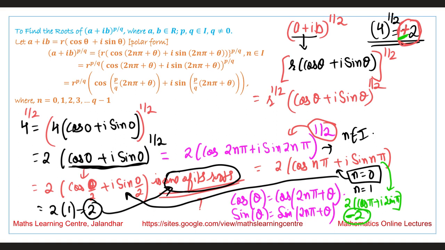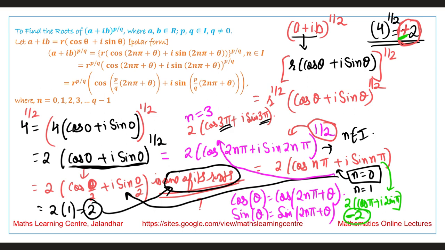Next, if we substitute n is equal to 3, the answer I will get will be 2 cos 3 pi plus iota sine 3 pi. Look at this value 3 pi. This is not the principal value.